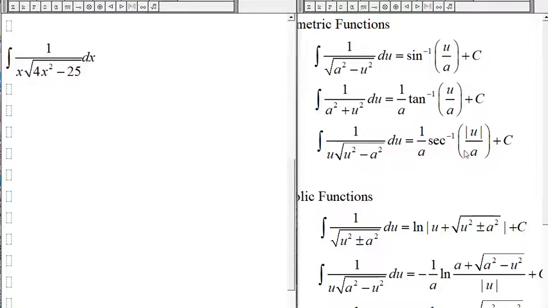And so if we're using this formula, then we need to let u squared be the 4x squared, and we also need to let a squared be 25. So a would be the square root of 25. Take the square root of both sides and a would be 5.